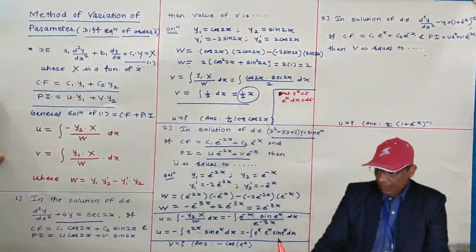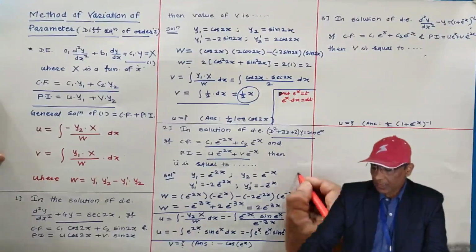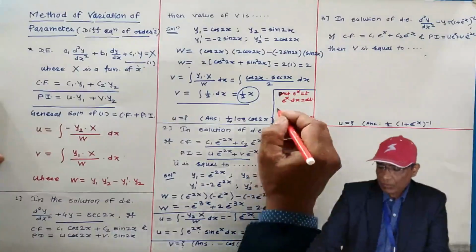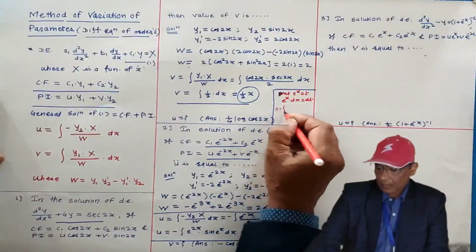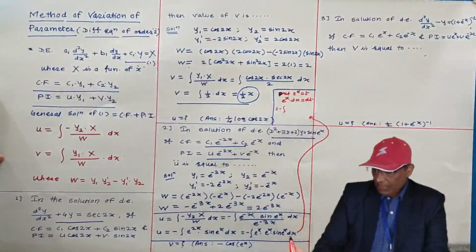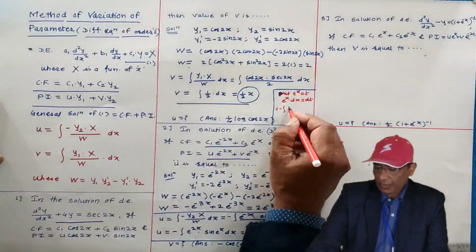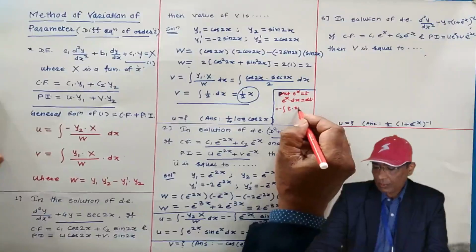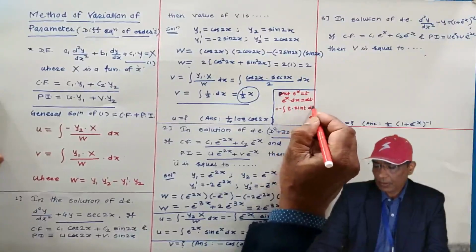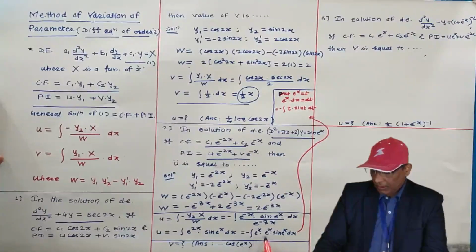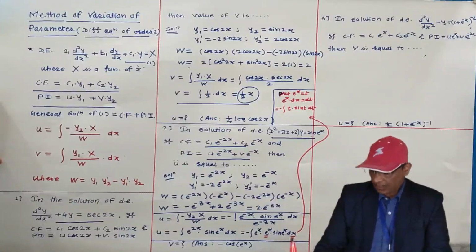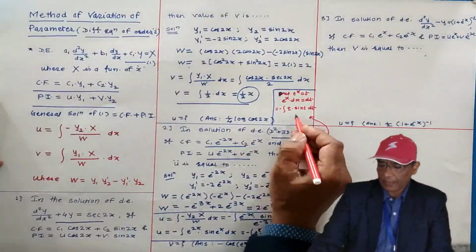Means after this step I am writing here minus of integral e power x dx, meaning dt. This e raised to x is t and sine of t. e power x dx is dt, e raised to x is t, and sine of e raised to x is sine t. t sine t will remain.